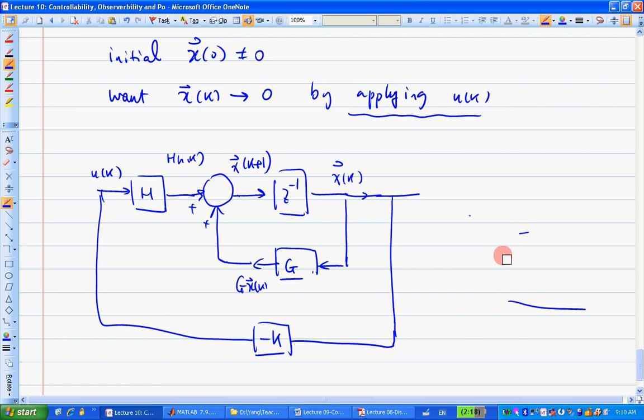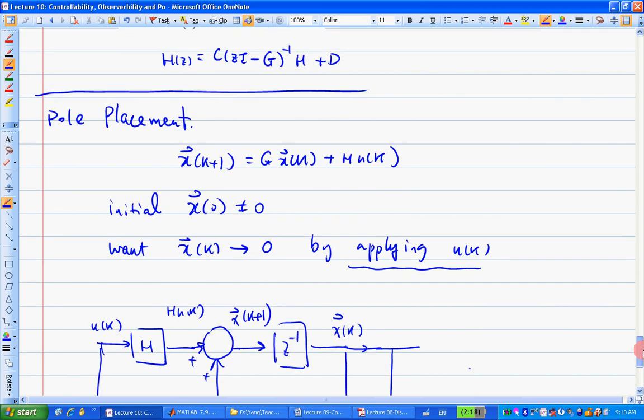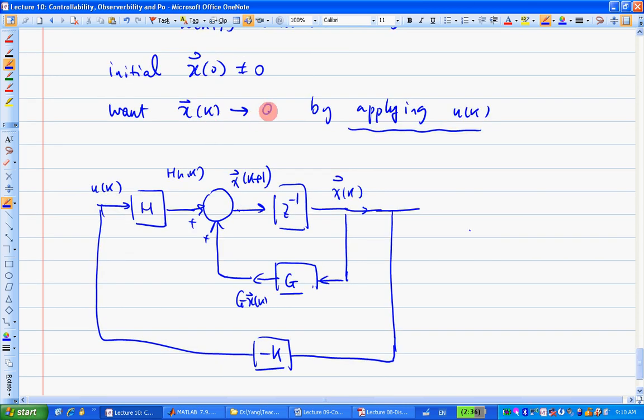But right now, remember the objective. The objective is we want to bring this x of k back to 0, not regulating it to a certain level. So you're not controlling this to 1 or to 2 or to 3. It's not a reference control. It's regulated to 0.